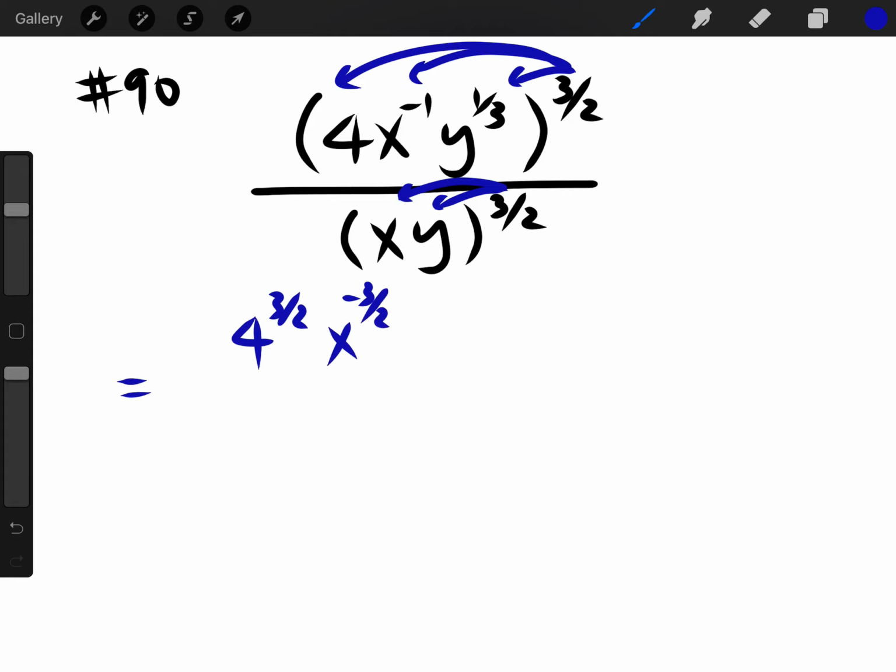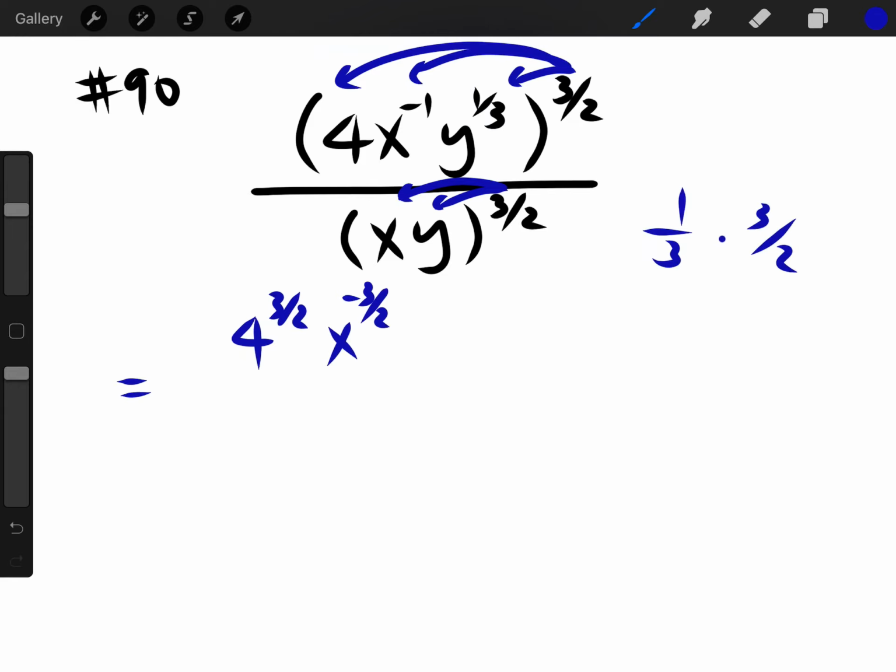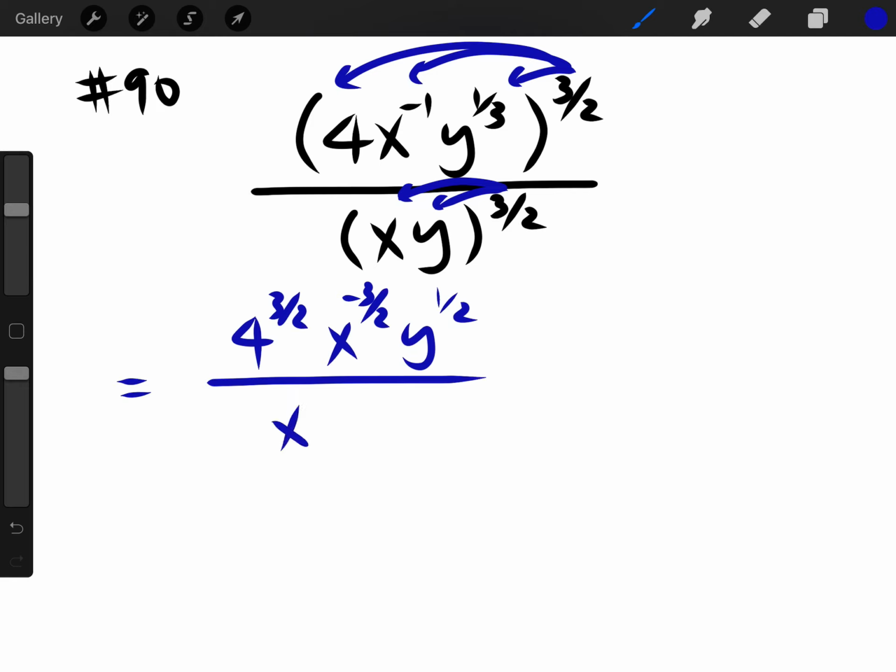And for the 1/3, 1/3 times 3/2 is going to be 1/2, so y to the 1/2 here. On the bottom is going to be x to the 3/2 and then y to the 3/2.